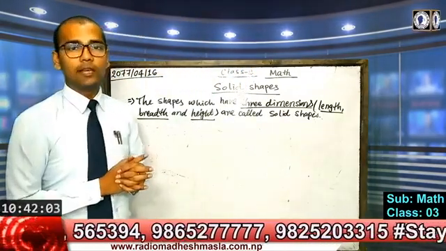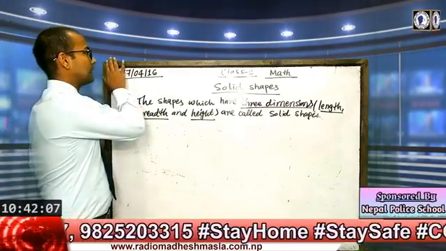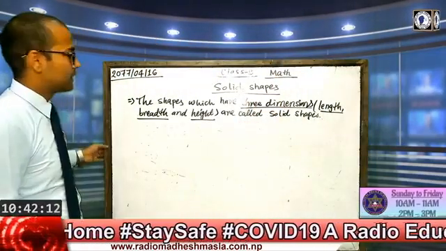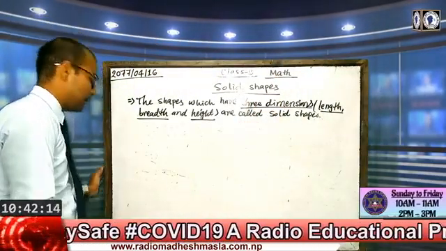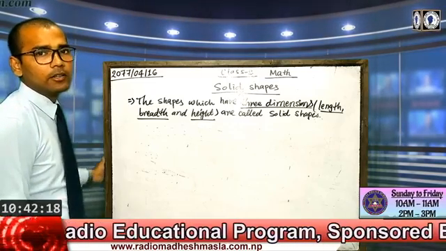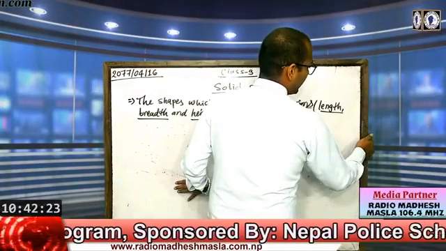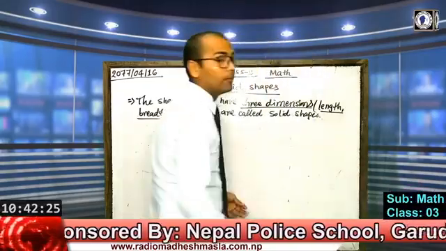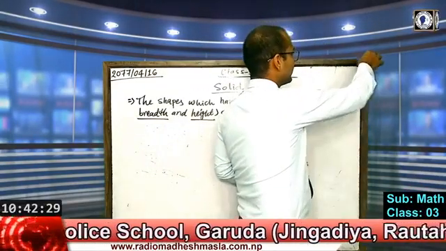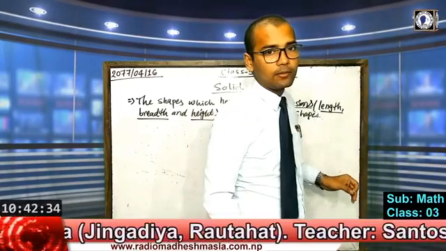In the same way, if we talk about the whiteboard, this longest part is the length of the whiteboard. This is the height, and this we can suppose is the breadth.